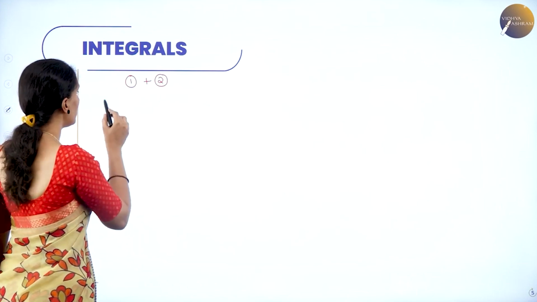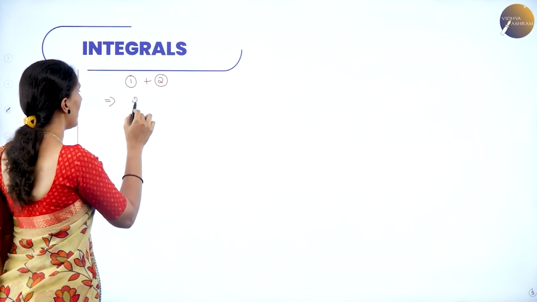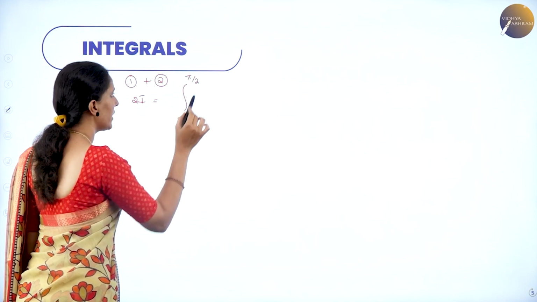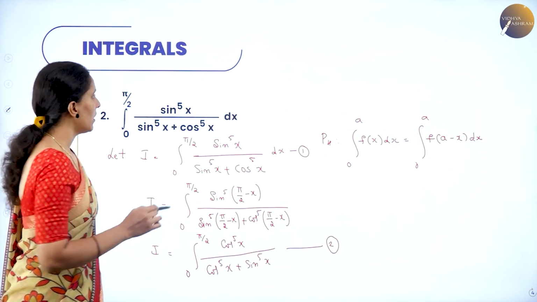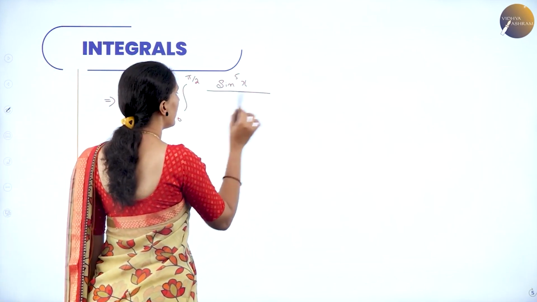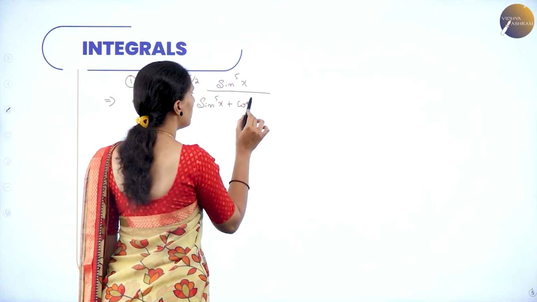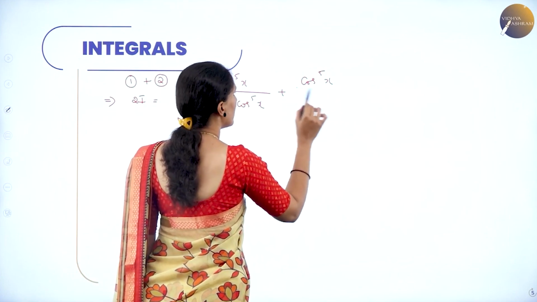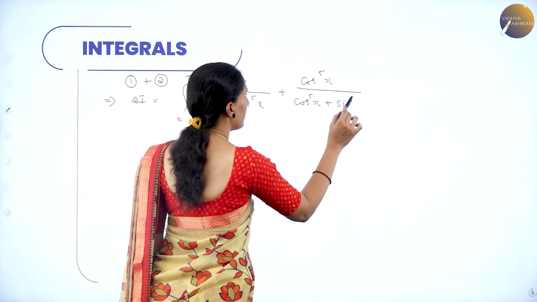Now adding 1 and 2, this implies, on the left hand side I plus I becomes 2I, and the right hand side is the integral from 0 to pi by 2. Since it is the same, I can add the values here. So it becomes sine power 5x divided by sine power 5x plus cos power 5x, plus cos power 5x divided by cos power 5x plus sine power 5x.